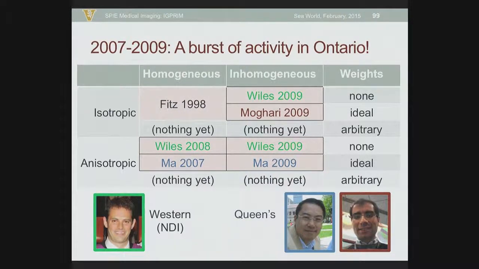They didn't do this one with the arbitrary weighting, but they took the ideal, the non-ideal, and everything, and solved it all. I was fortunate to be chosen to be on the external review committee for both. I was the external reviewer for both of these dissertations. I got to pore over these things, and I'm telling you, folks, these were amazing, ingenious results that these people came up with.